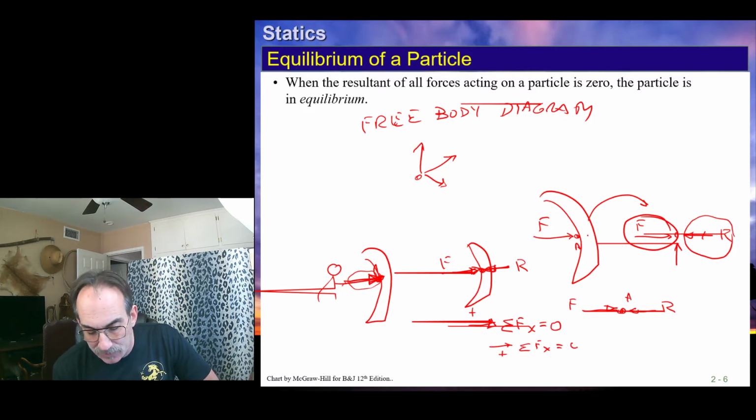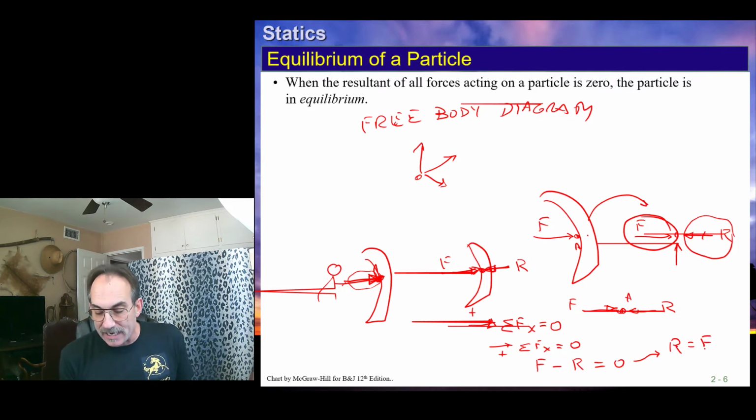It has to be equal to 0 since we're in a static problem. That means we've got F, which is in our assumed positive direction, minus R, because R is in the opposite direction. They have to equal 0, and we can use this principle to say that R is equal to F.